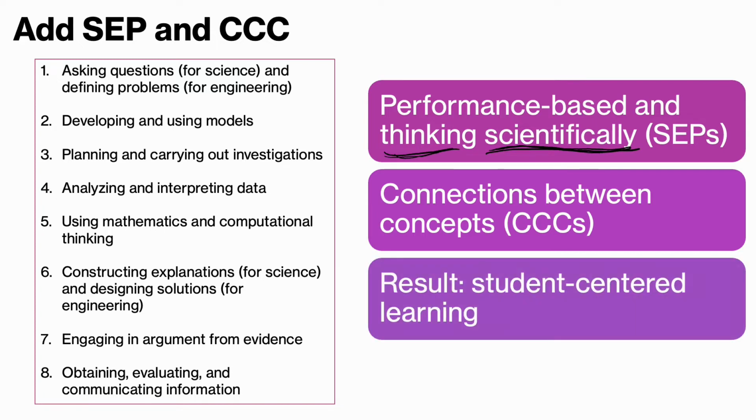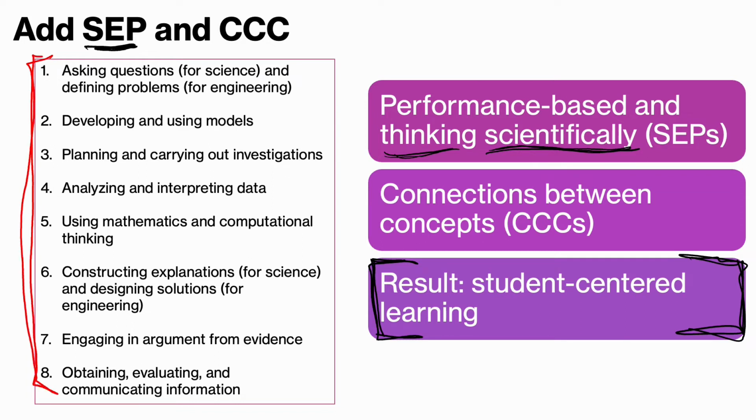And so when we narrow down the number of actual discrete facts that students need to know, focus on big ideas, and focus on these performance-based measures of science and engineering practice, we get a system that all of a sudden is more about student-centered learning. It's more about getting students to do things, because it's hard to be true to these standards if you are having students constantly just sit in chairs and listen to the teacher talk.